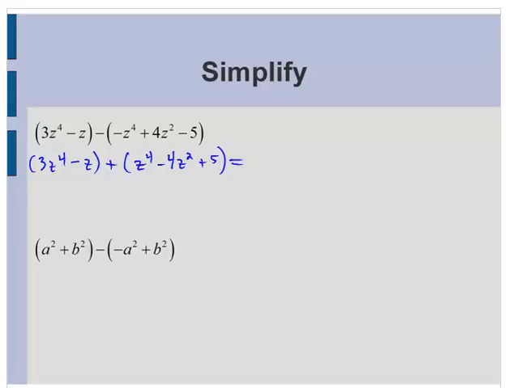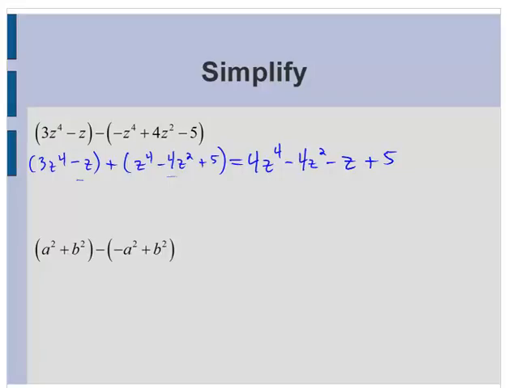Now it's addition, combining like terms. I have 3z to the fourth and a z to the fourth, so that would be 4z to the fourth. I only have the 1 z squared term, so minus 4z squared. I only have the 1 z term, so minus z. And I only have the 1 constant, so plus 5.